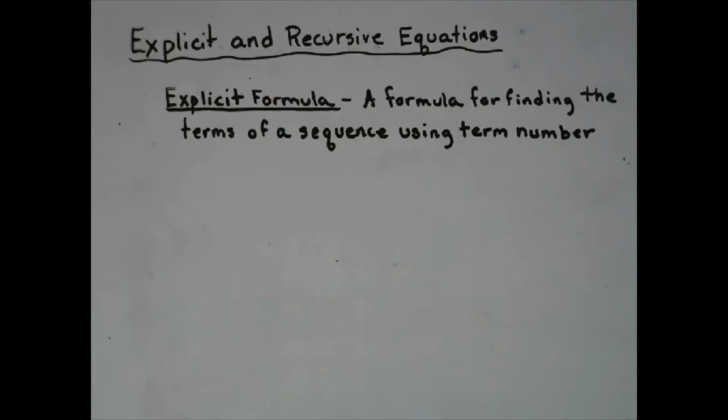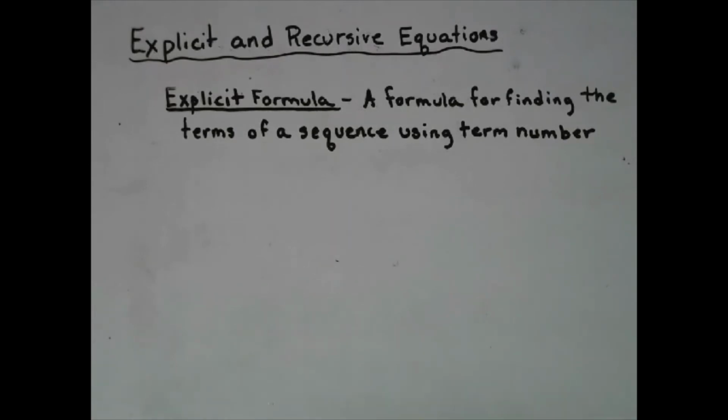All right, so continuing with sequences, the second way we have to write an equation for a sequence is what's called an explicit formula. An explicit formula is a formula for finding the terms of a sequence using the term number, meaning if I want the 100th term, I can plug in the number 100 and get out that value.